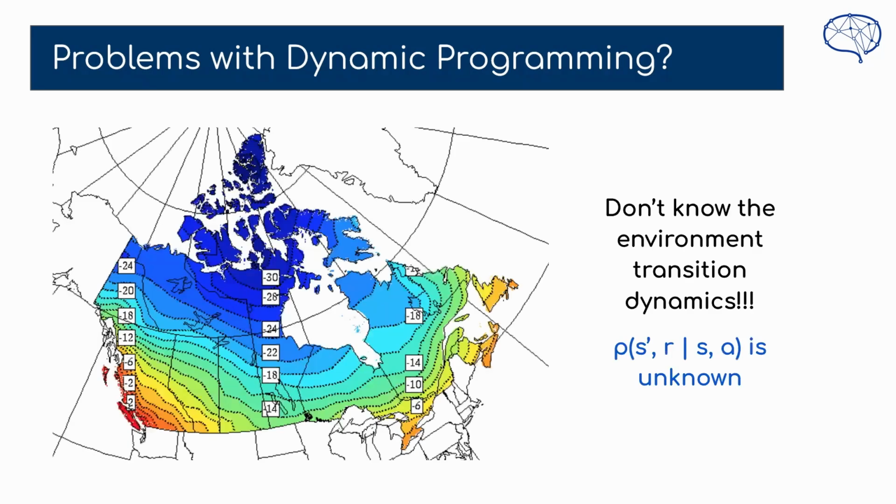But you might not know that. You might not know this probability. Say, knowing the weather in one part of Canada doesn't mean that if you go south, it's going to be continuous. You don't know the distribution of your environment.